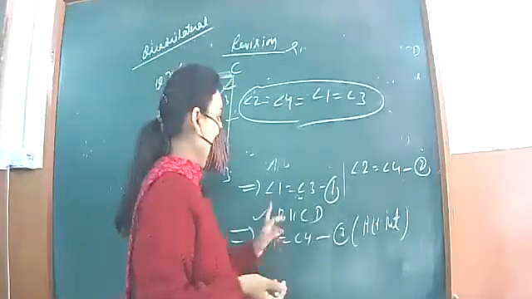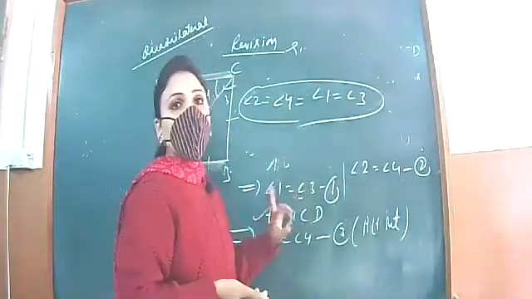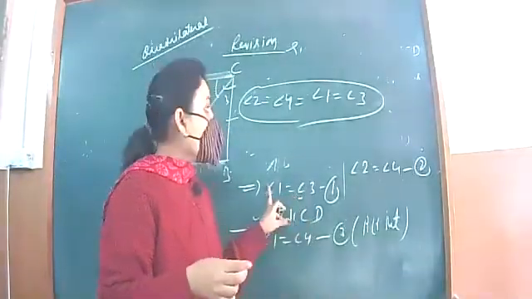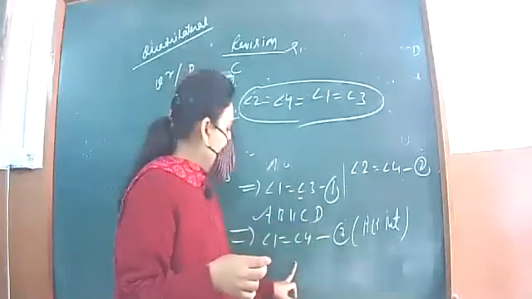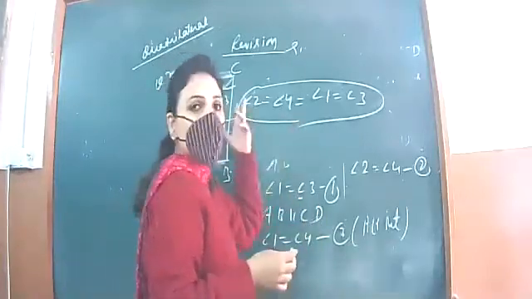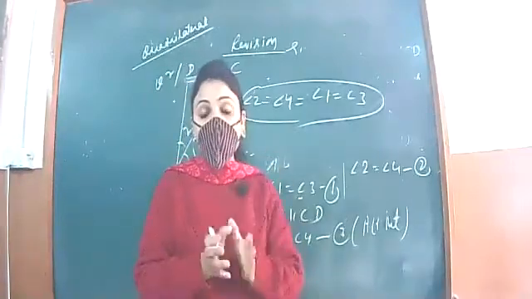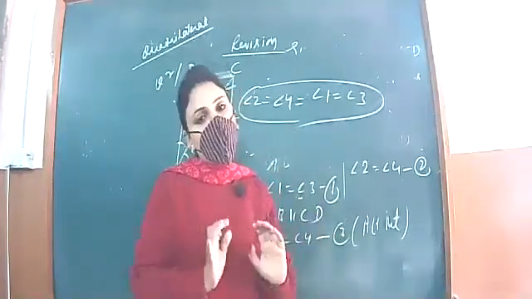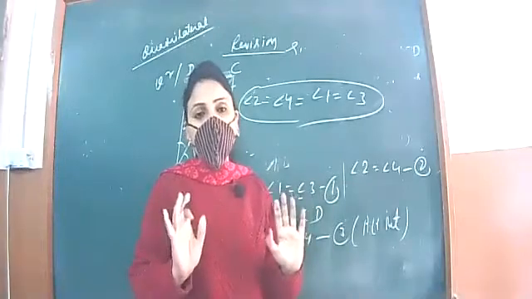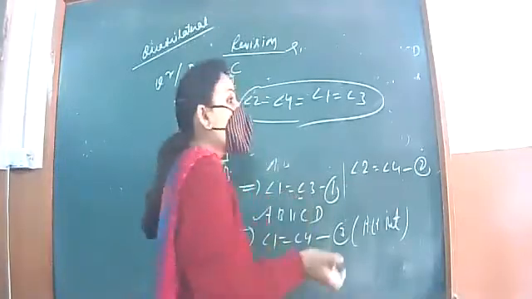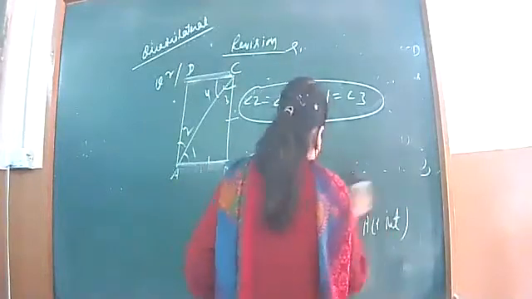Thank you very much. So you have angle 1 is equal to 3. Moreover 1 was equal to 4, and 4 was equal to 2. After joining all these three equations, we get all the angles to be equal. Now what we need, we will write separately.